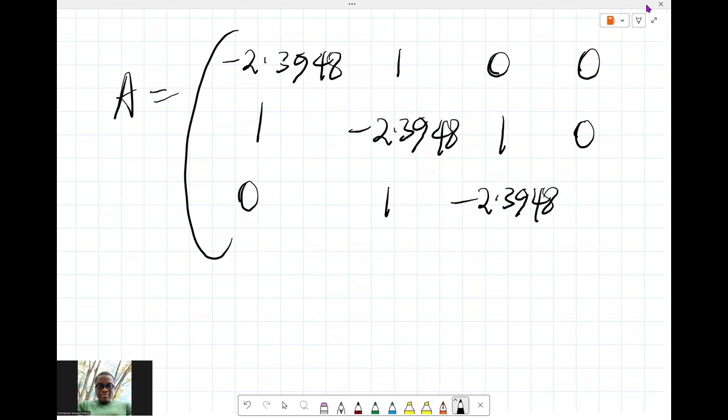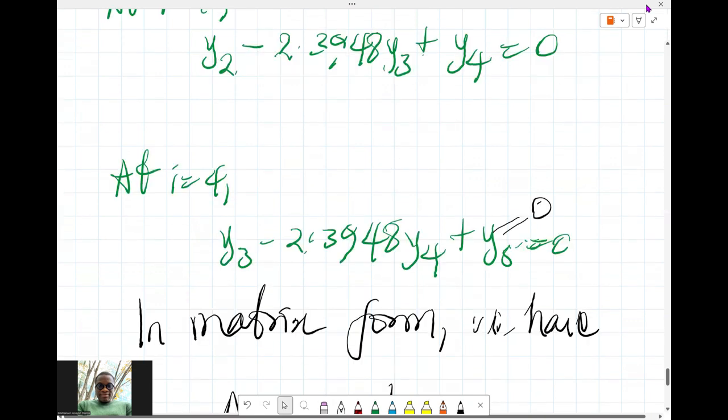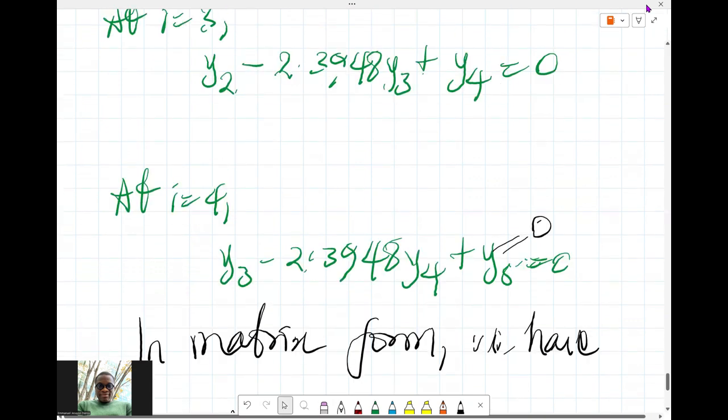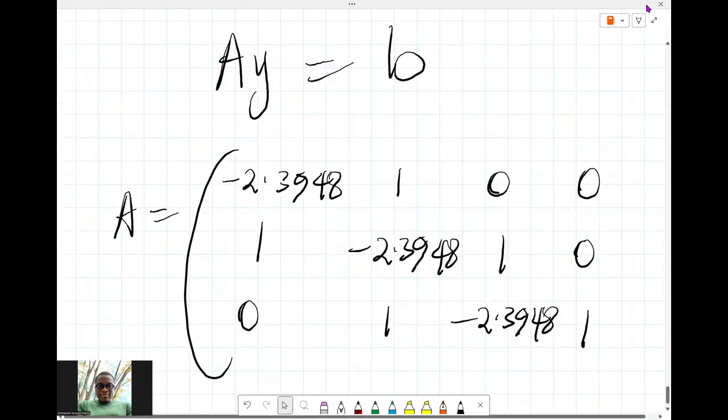And then now y4 in this case would be 1. Okay, 1, 2, 3, 4. Yeah, that would be 1. And lastly, for I equals 4, y3 is 1, y4 is minus 2.3948, and every other thing is actually 0.